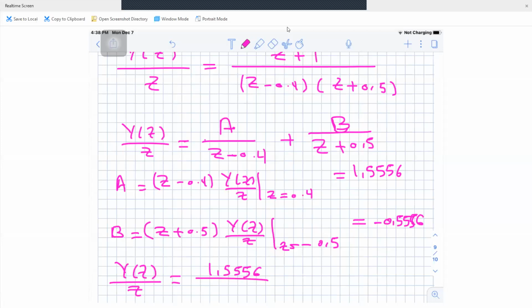Now Y(z)/z will be the following: 1.5556/(z - 0.4) - 0.5556/(z + 0.5).